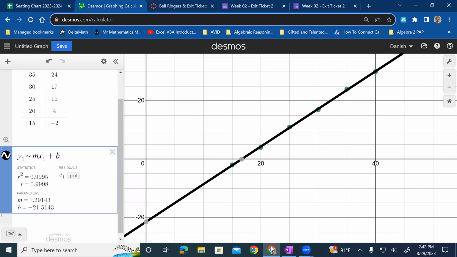If I hit this plot button in Desmos, look at this. It brought the red dots over here. These red dots are telling me the difference between the estimated value and the observed value at every single point. Like here, there's a slight difference between the green dot and the black line. That difference is a residual.